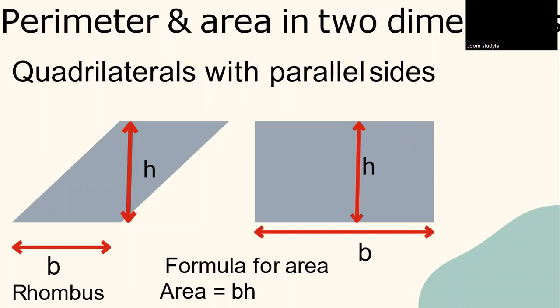If you can see, they have height, they have the value of b, the value of h. So you have to remember the formula for rhombus, rectangle, and parallelogram. To calculate the area is b multiplied by h.